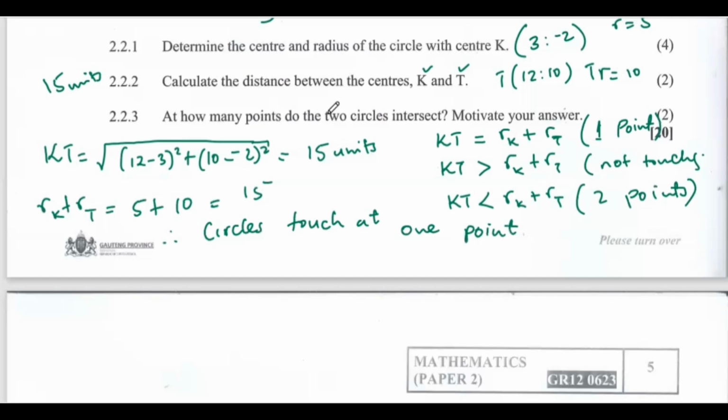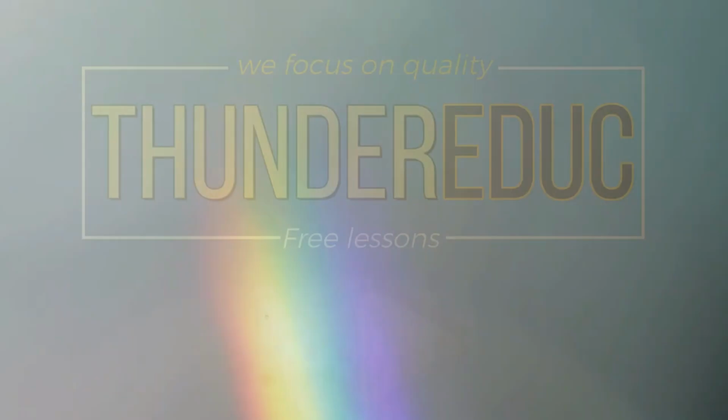So at how many points do they touch? We said 1 point. The motivation is going to be this: KT is equal to RK plus RT. There we go. That would be our motivation, and that would be question number 2.